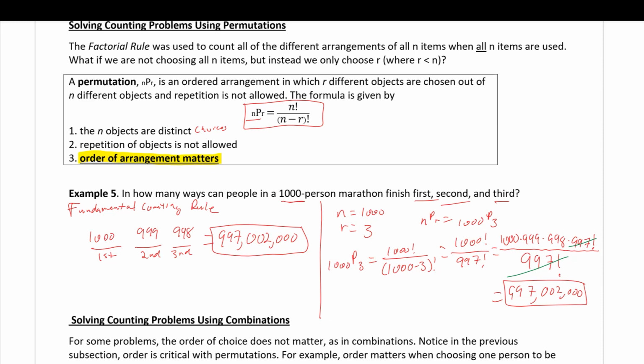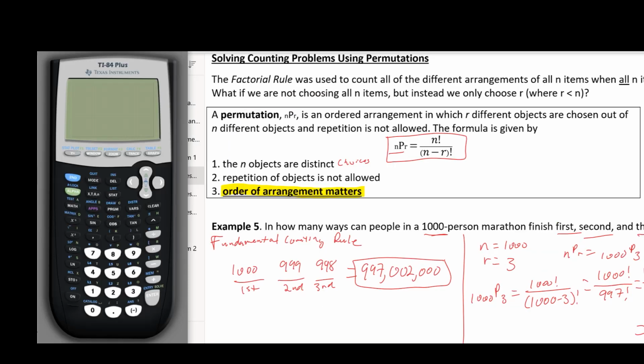Okay, so let me show you how to do that on the calculator. If you turn on your calculator, just make sure that your screen is nice and cleared out. The way you want to input this is just the way you see it, 1000 P3. So let's start with 1000 on the home screen. In order to find this permutation function, we're going to have to push math, which is 3 rows from the top, and then go all the way to probability, PRB.